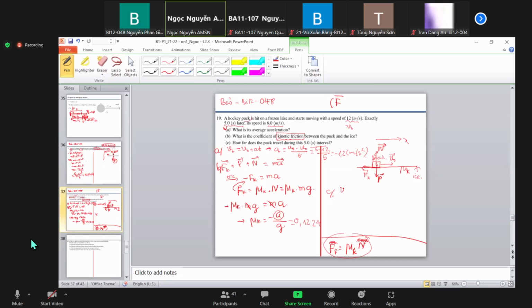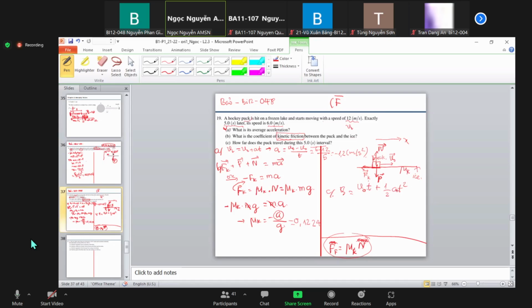Okay, how about part C? You have S equal... You know t, you know it should be V0, right? Don't forget it. V0 in this case is different from 0, so it's very important.